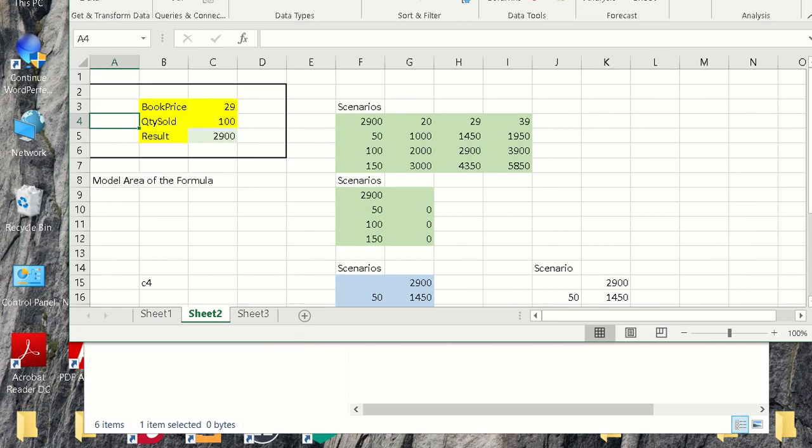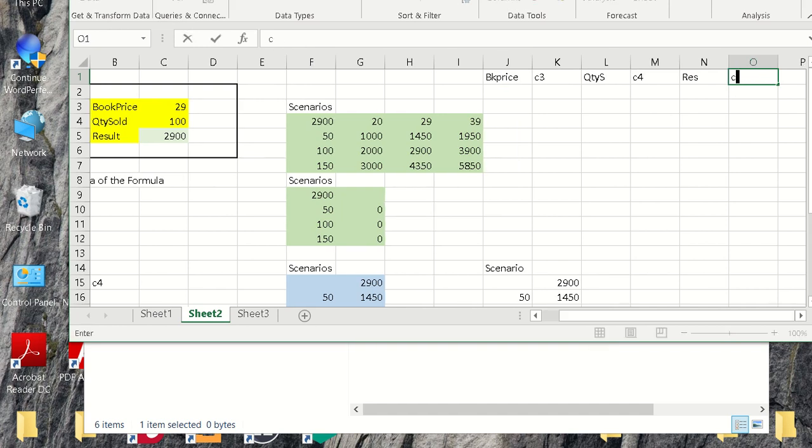So in this case, it pays to be reminded that the book price, I'll write here some keywords: book price is C3, quantity sold is C4, and the result is C5. In that case, it will make my analysis faster.